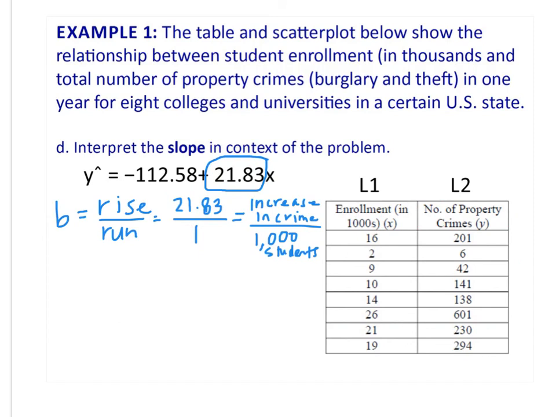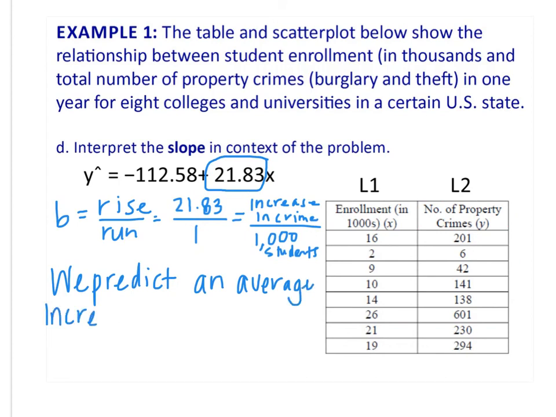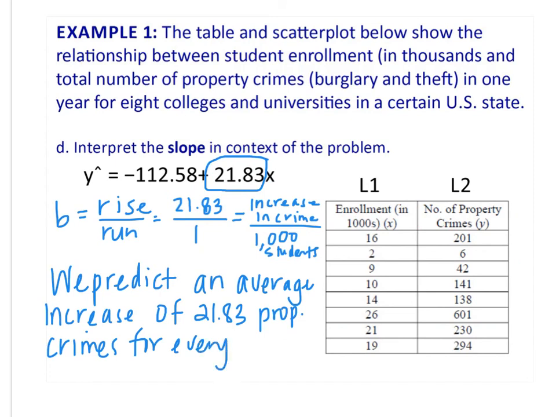If I had to write that in a sentence, or in a phrase, I would say we predict an average increase of 21.83 property crimes for every increase of 1,000 students enrolled.